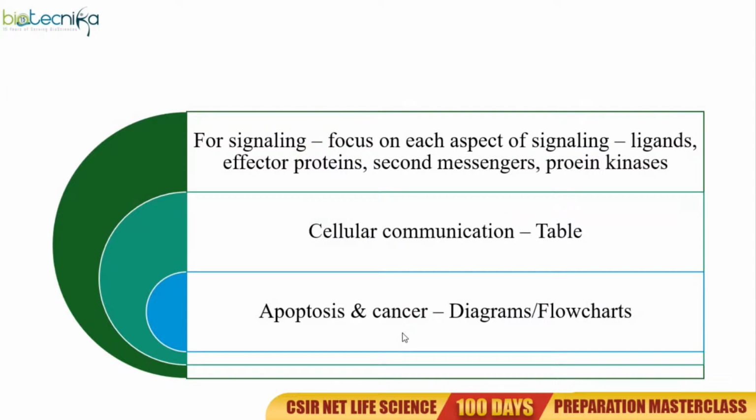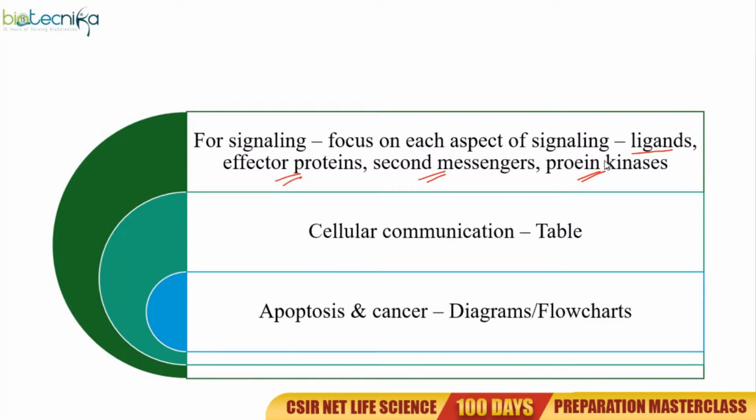So how you are going to focus on this? When it comes to signaling, more or less in any signaling pathway you go for, you will have ligands, you will have effector proteins. They have their own set of second messengers and protein kinases. So depending on that, different names will be given.